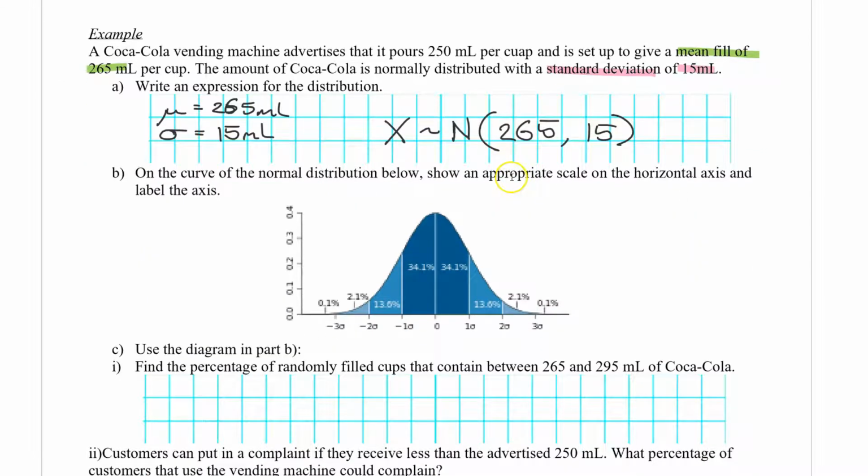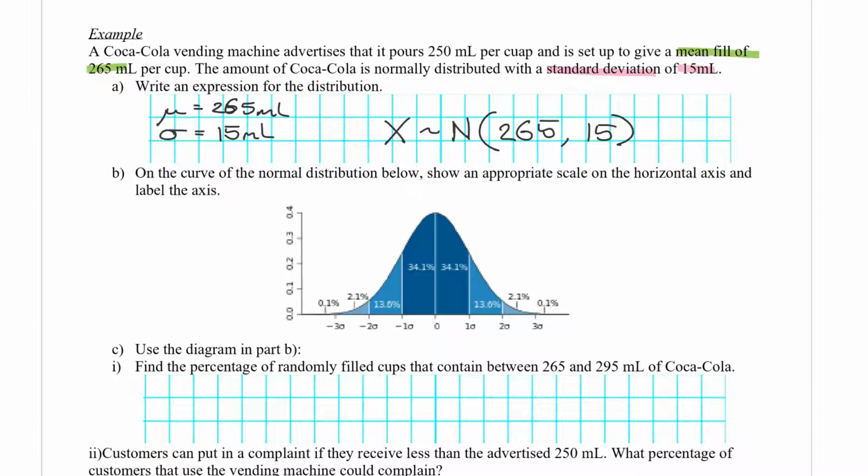Let's go down. Part B. On the curve of the normal distribution below, show an appropriate scale on the horizontal axis and label the curve. So what this question is asking is, we've got a standard normal distribution here. It's asking us to label this particular curve in context to our problem, so the fill rate or the pour rate of the Coca-Cola vending machine.